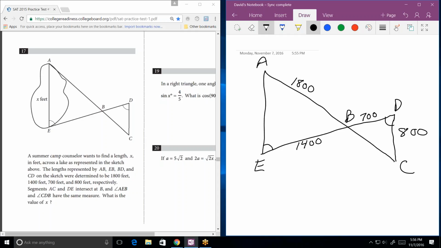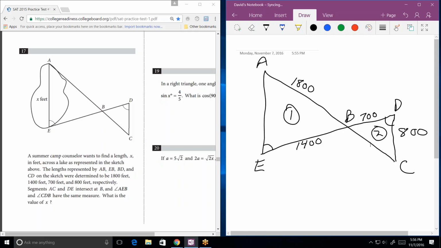So the corresponding side for BD on this triangle, if this is triangle 1 and this is triangle 2, which side corresponds to BD? EB, exactly. In other words, you have to make sure this angle ends up on top here, which means this side ends up on top there. So what's the similarity ratio?